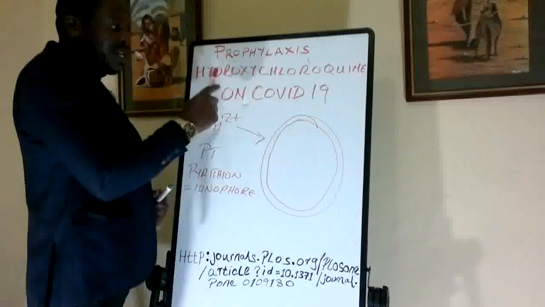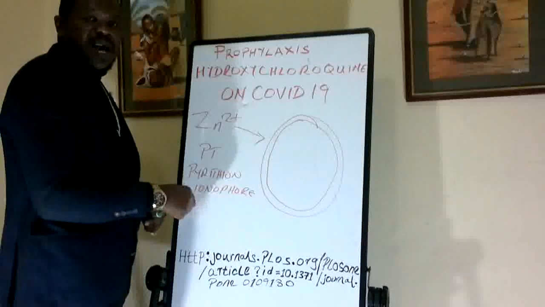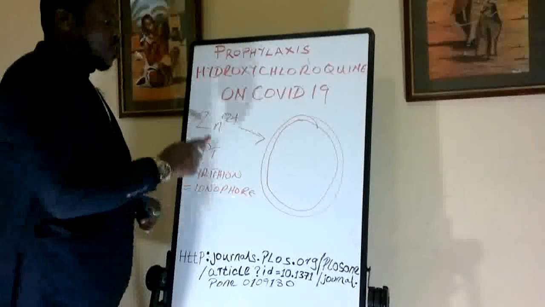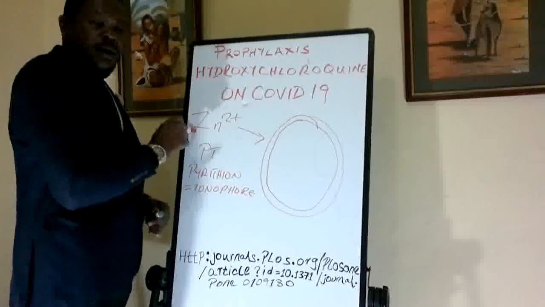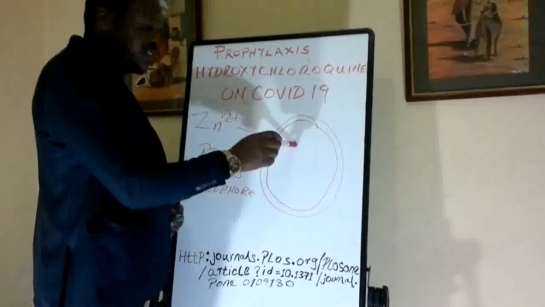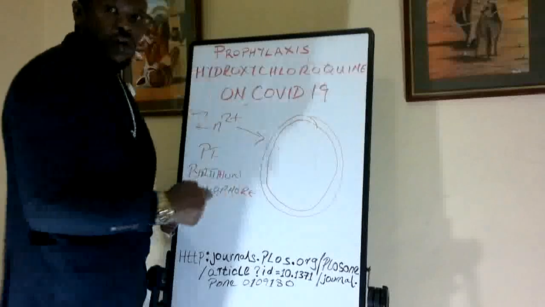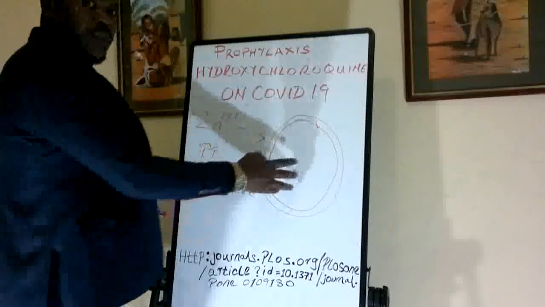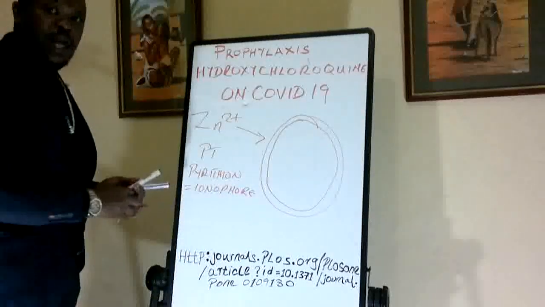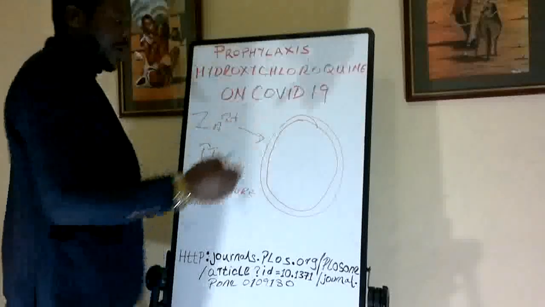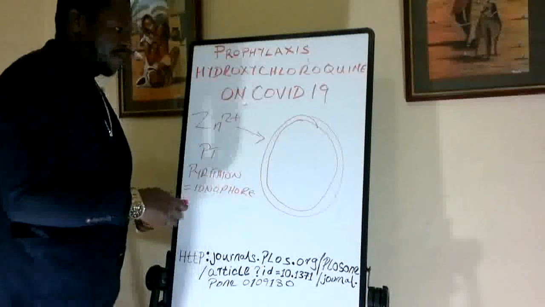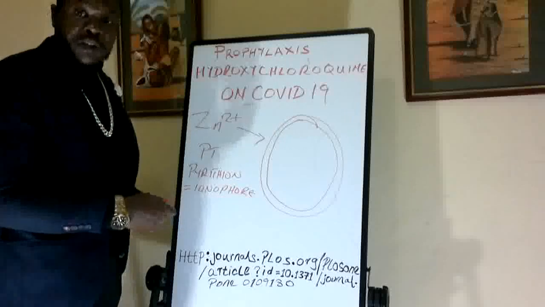Hydroxychloroquine has been used in this as an ionophore. So it is zinc that actually inhibits the replication of the RNAs in our body cells. Now you understand why hydroxychloroquine has been used in treatment of COVID-19.